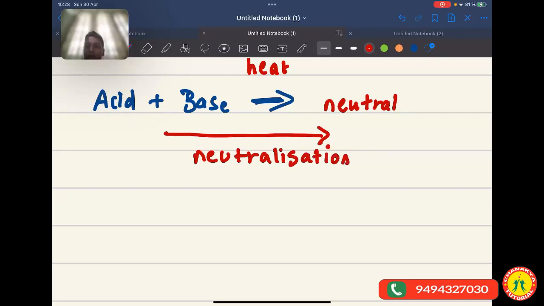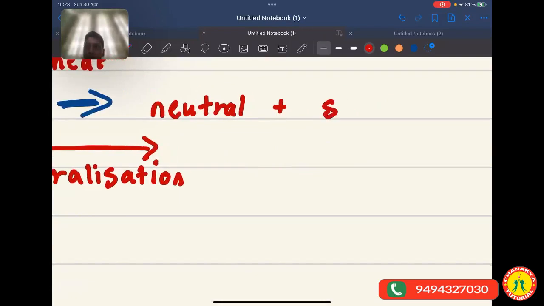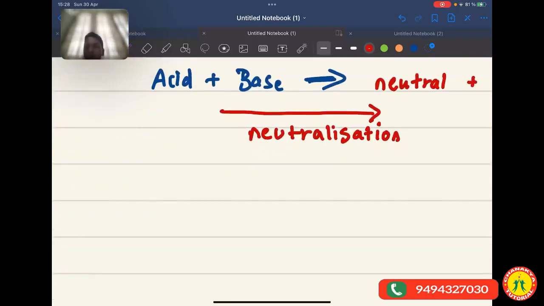Okay, so during neutralization, as Varshit told, the solution is not called salt, but salt is produced. So always during neutralization, salt is a product that is formed. In a neutralization reaction, always a new substance is formed, and this new substance is called salt. This salt can be acidic, basic, or neutral in nature. So how will you define neutralization? Neutralization is the reaction between an acid and a base.